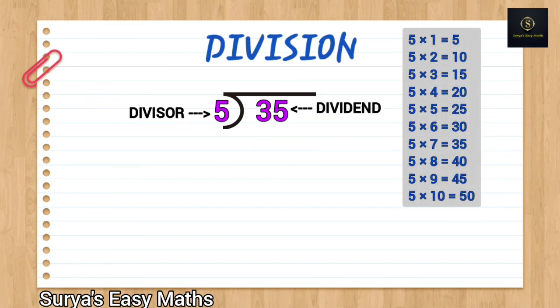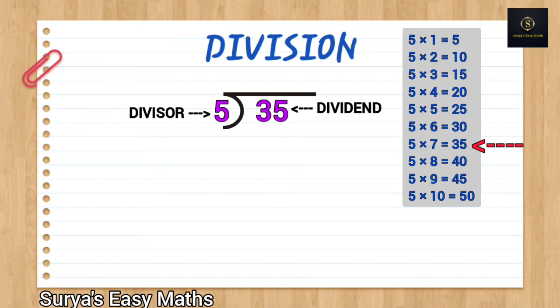So let's recall the table of 5. 5 ones are 5, 5 twos are 10, 5 threes are 15, 5 fours are 20, 5 fives are 25, 5 sixes are 30 and 5 sevens are 35. So 35 comes at 7 times in the table of 5.